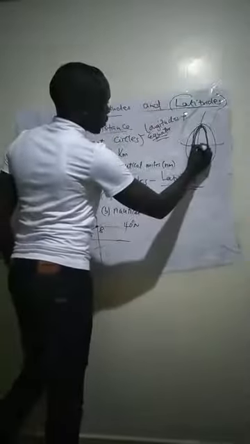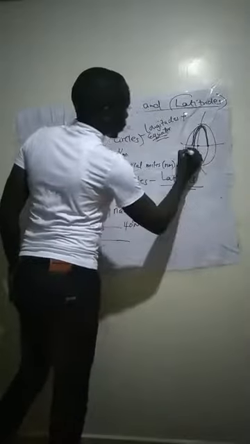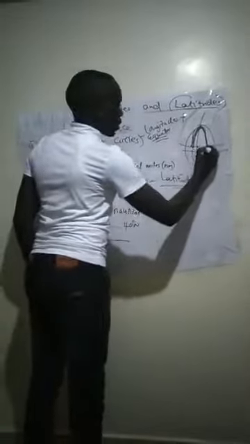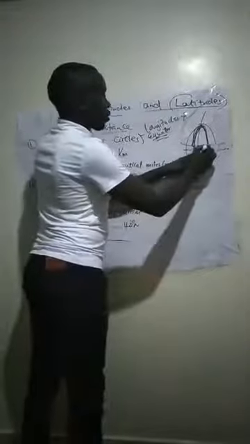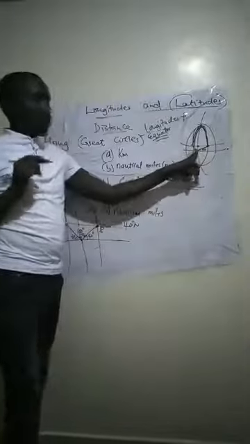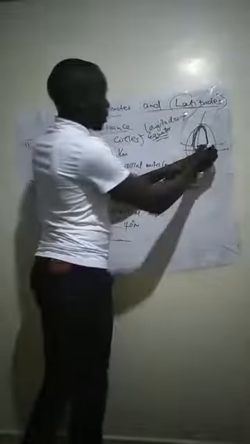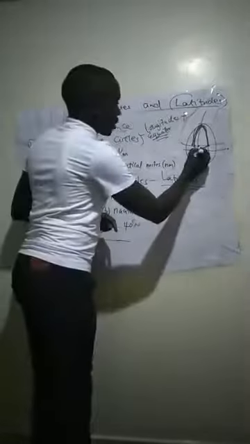If this is the center of the earth, and assuming we draw the equator here, this is the equator, this is the prime meridian, this is 40 degrees, this is 40 degrees. So you're moving from the center of the earth to a point on the surface of the earth, which means therefore that from this point, the center, to this point, that becomes the radius of the earth.